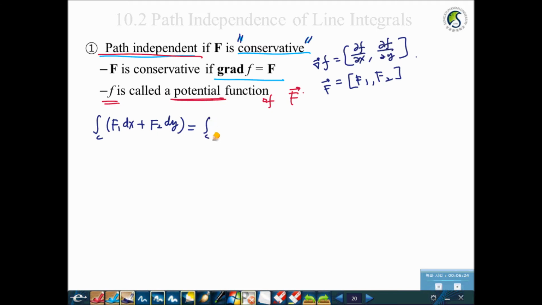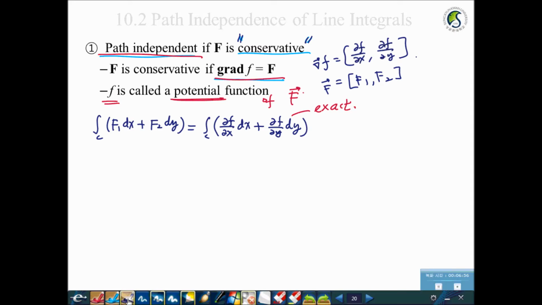Then it's df over dx dx plus df over dy dy, and we know that this is exact if this one is true.